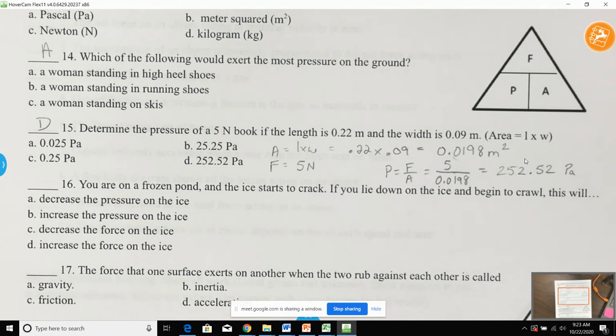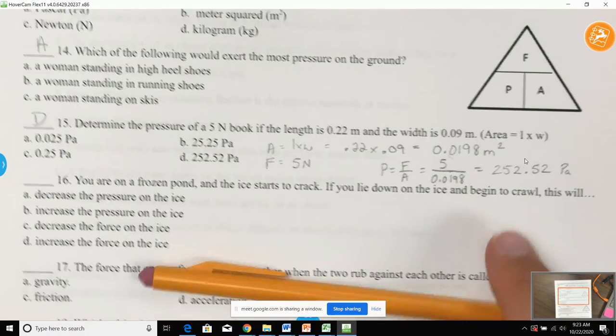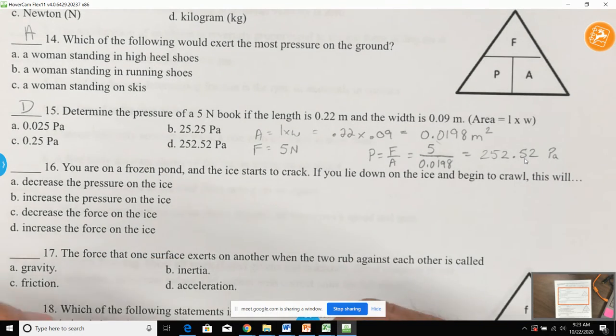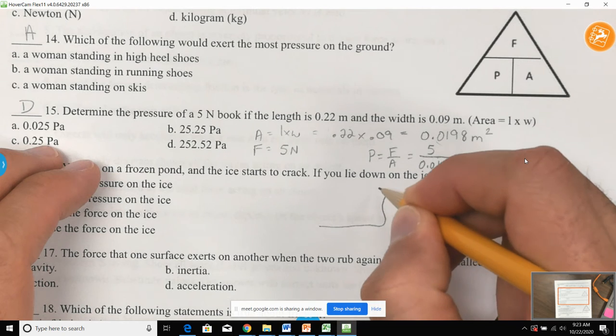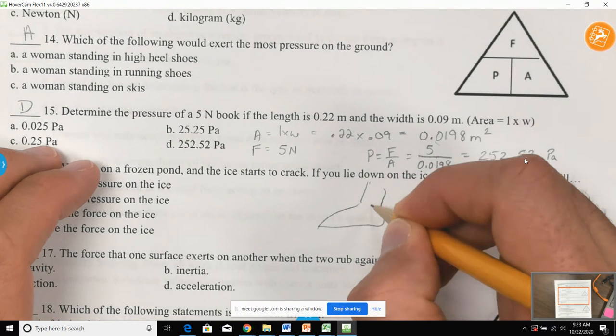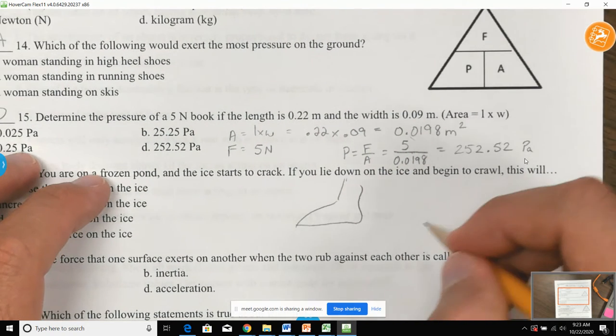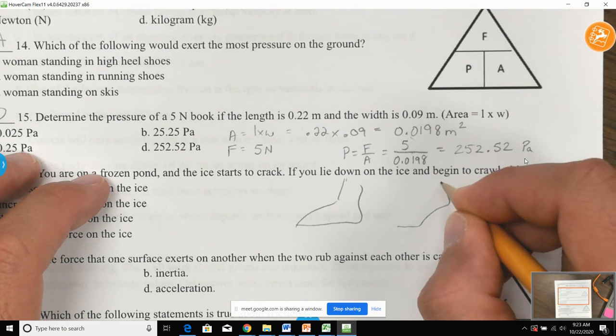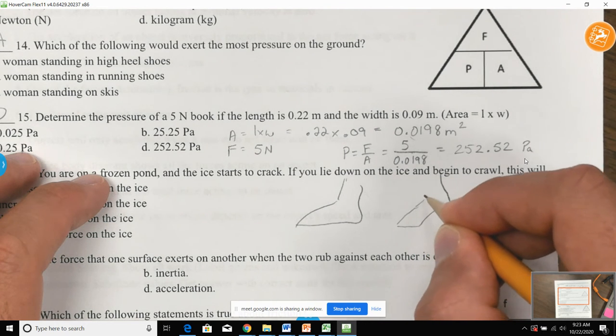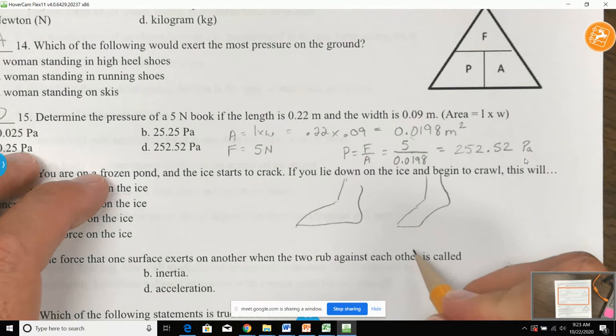So if you decide to run, when you run, do you run flat foot or usually on the balls of your feet? The balls of your feet, right? So if this is your foot, I'm going to draw a really bad foot. Okay, there's your foot. Now when you're running, you're on the balls of your feet.